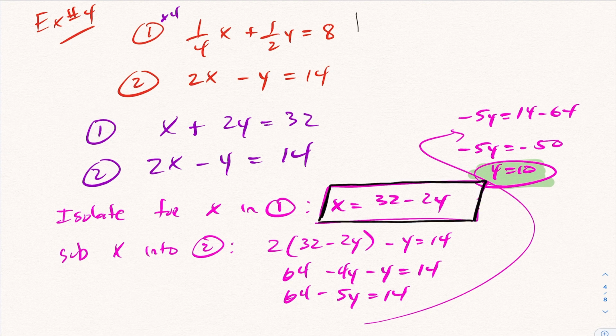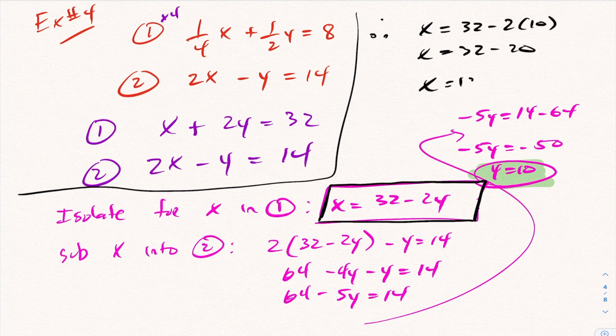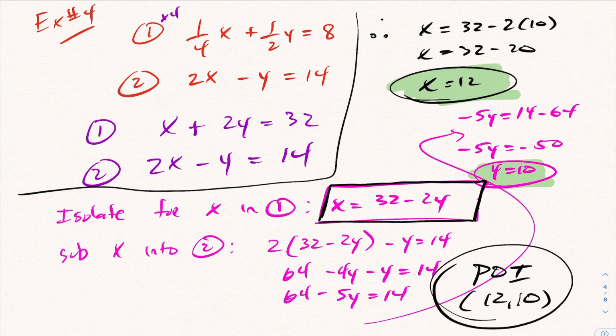So now, let's make some room here. Therefore, my x value is going to equal 32 minus 2 times 10. And x will be 32 minus 20, in which case we get x is 12. So my point of intersection here is 12 and 10. And that becomes our point of intersection.